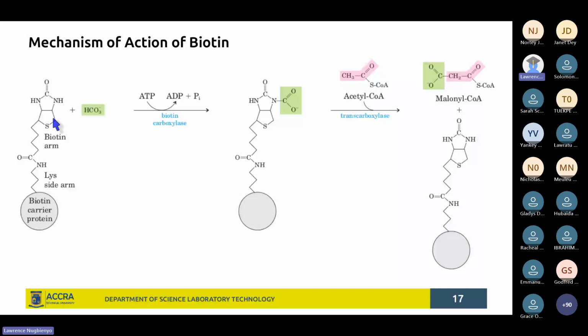And that coenzyme biotin is carrying a carboxyl group, which is shaded green, from the bicarbonate ion.